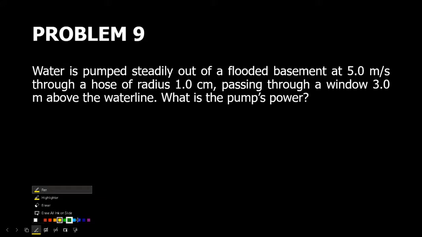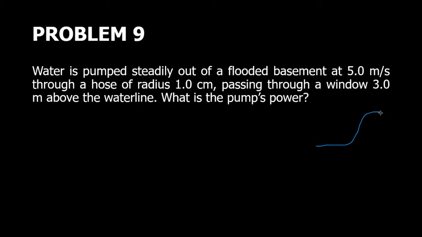So it says here, there's a flow rate. Then the tube is like this. It has a cross-section area with a radius. So, radius is 1 centimeter. So, that's 0.01 meter.